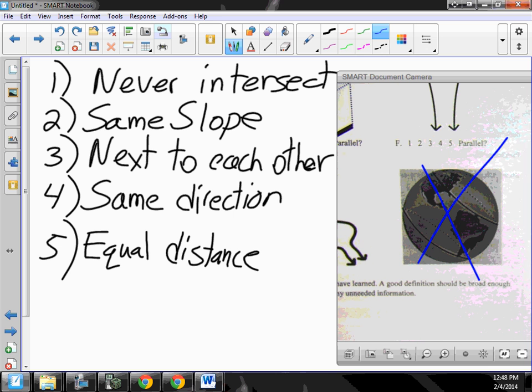Okay, so letter A, number 1 failed in letter A because those are segments, not lines. So when we talk about parallel, is it possible for two segments to be parallel? Yes, a square has two sets of parallel segments. But we want to make the definition parallel lines. Okay? So we need to include that.